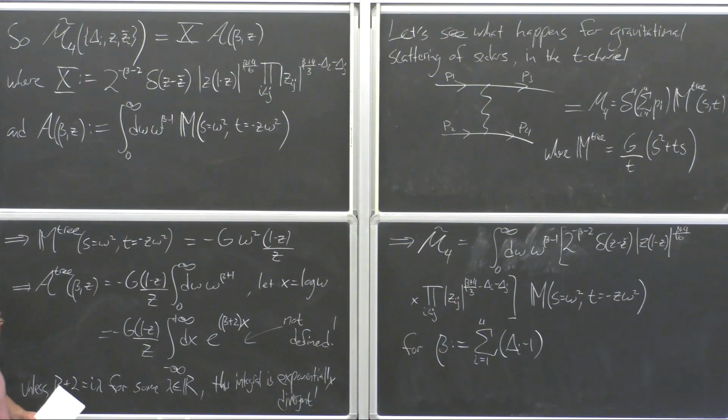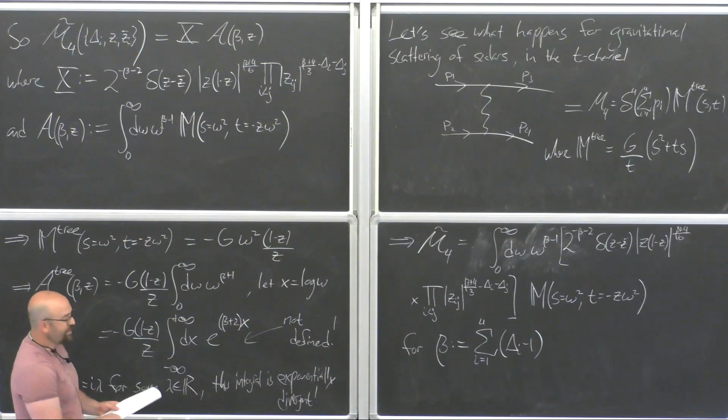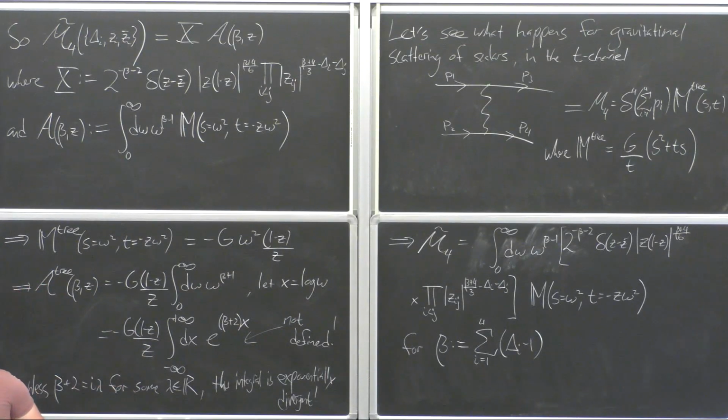From a momentum space perspective, you would have said that all the distributionality you'd like to allow in these things is already in this universal prefactor, and you'd want this curly A, the interesting bit of the amplitude, to be at least in some local bit of the complex beta plane an analytic function. And this is just never true. Okay.